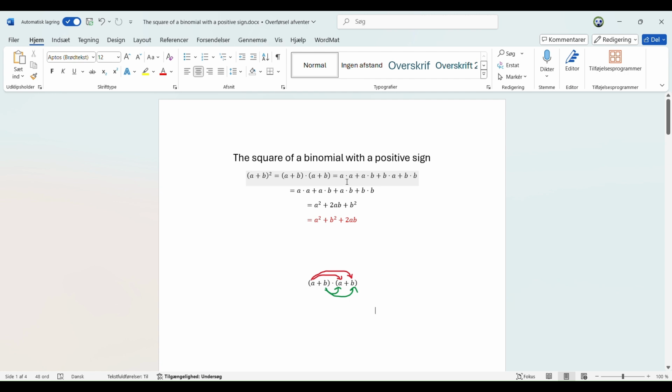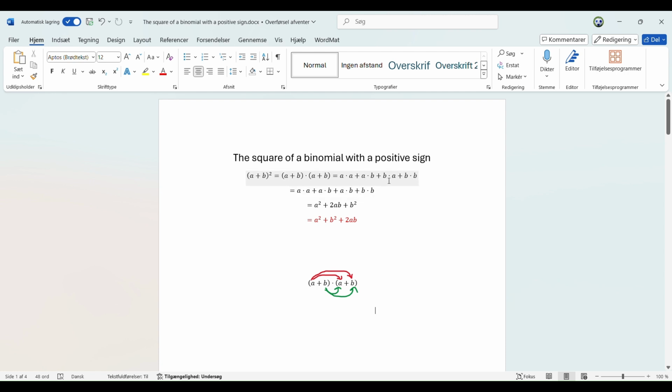And this we can write up here as a multiplied by a, that's the first term here. Then we have a multiplied by b, and plus b multiplied by a, that's this term over here, and then b by b, that's the last term. Now we look at the third one, and we see that b multiplied by a would be the same as a multiplied by b, because 2 times 3 is the same as 3 times 2.